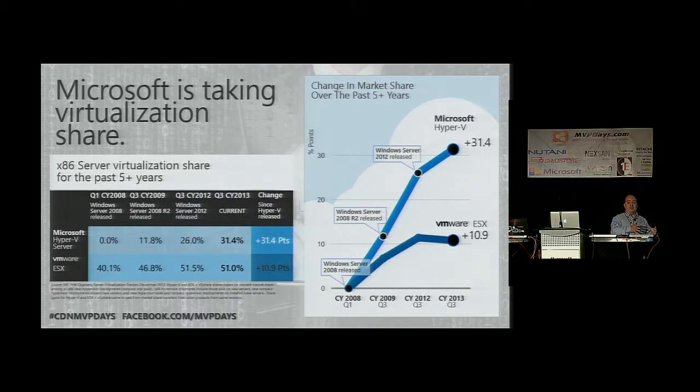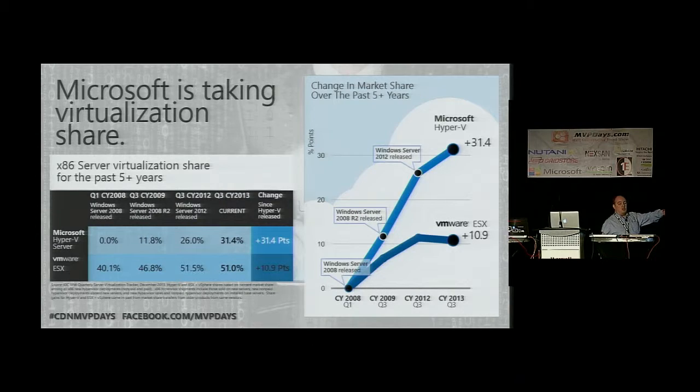The Hyper-V that you have for free is exactly the same one that you have in the full version of Windows. Regarding ESXi, it's not the same thing. You don't have the same capabilities in that version of VMware as in vSphere, for example. And that's why you're seeing the growth.